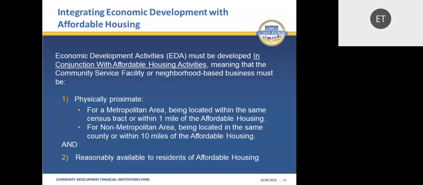For a metropolitan area, that facility needs to be located within the same census tract or within 1 mile of the affordable housing. For non-metropolitan areas, the facility or the neighborhood-based business needs to be located in the same county or within 10 miles of the affordable housing. In addition, the economic development activity and the facility or the business needs to be reasonably available to residents of affordable housing.